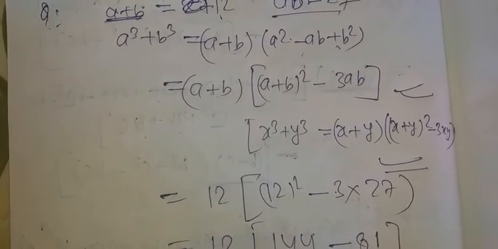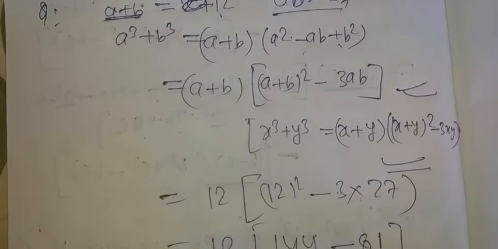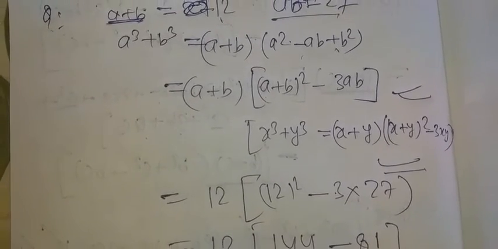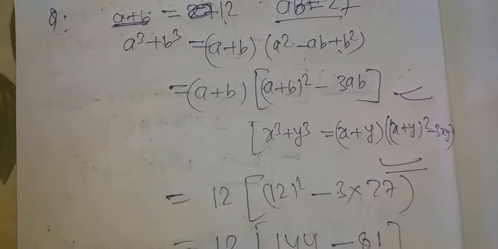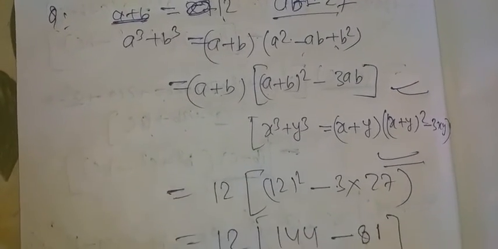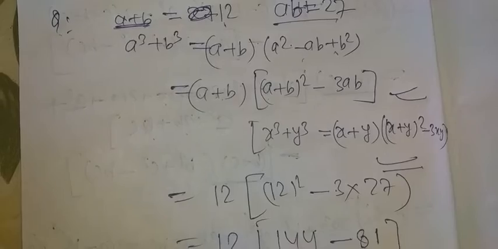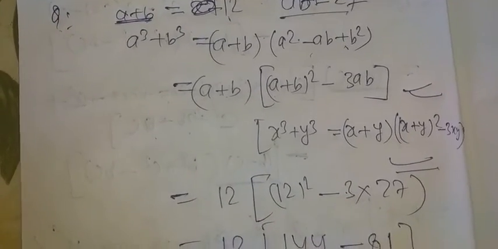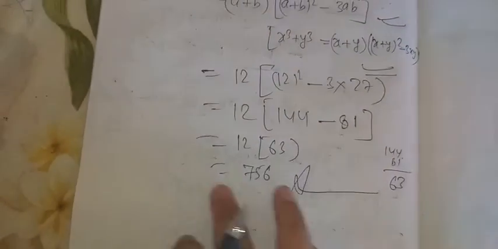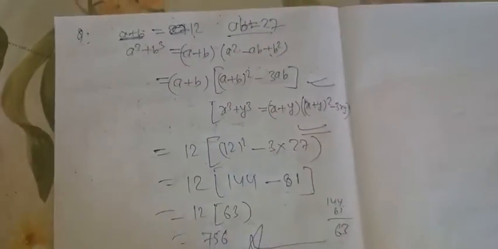After solving this, 144 minus 81 is 63, and 12 multiplied by 63 is 756. Answer is 756.